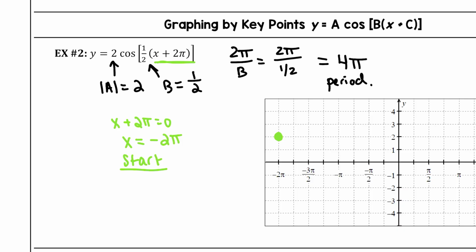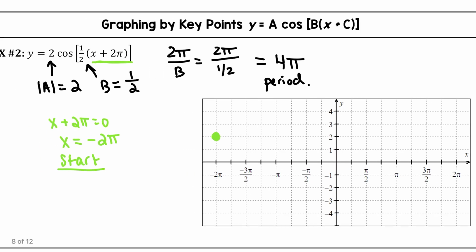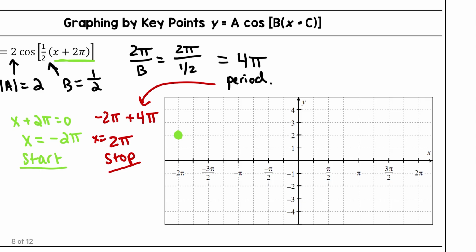And if our period is 4 pi, we know that it ends right back at a maximum. I'll do the math for it, but 4 pi is a nice easy number. To find the stop, we take our start point, negative 2 pi, and add our period. So our stop point is 2 pi. X equals 2 pi. So that is right here with our amplitude of 2.